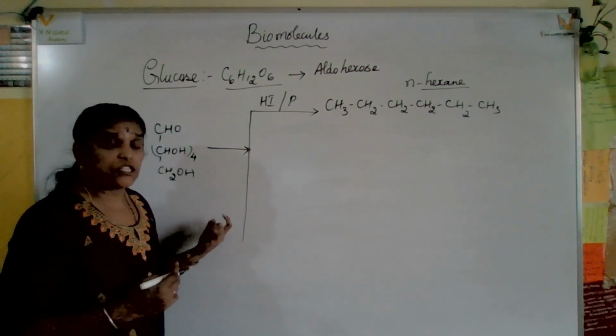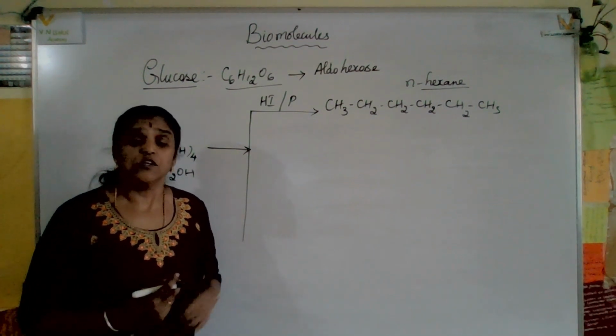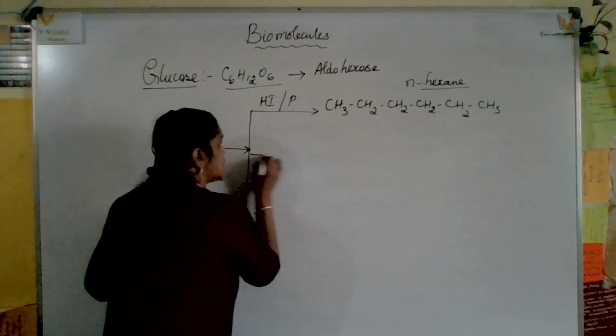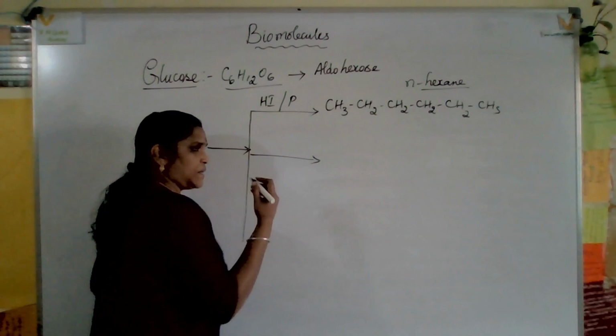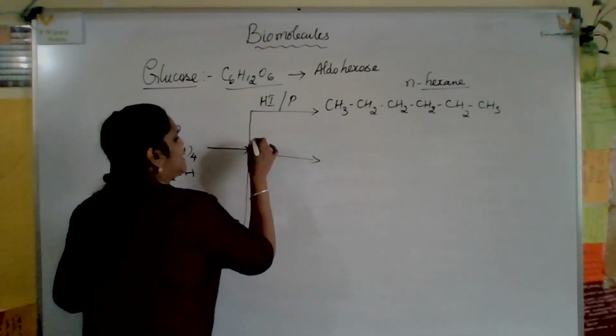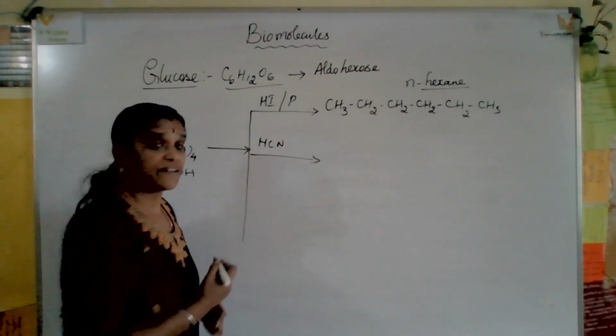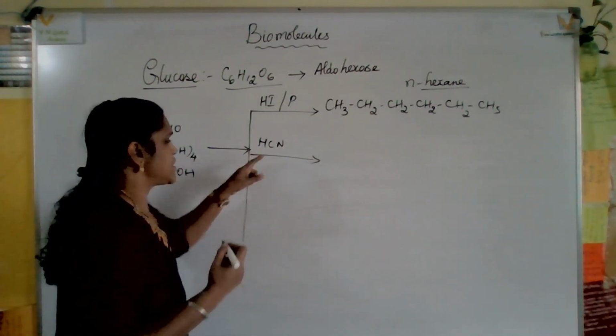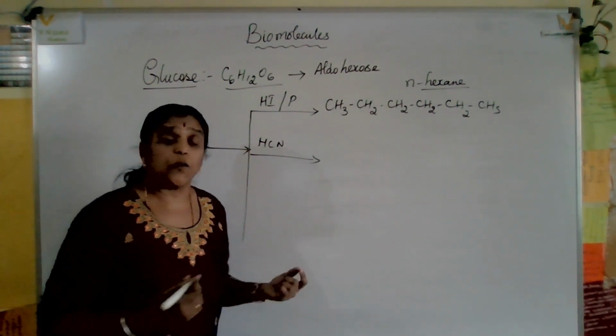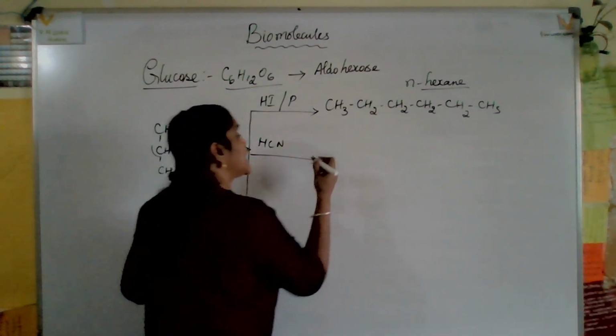Next, the aldehyde group is there, no? So let us see one more reaction here: HCN, hydrogen cyanide. Glucose reacts with hydrogen cyanide, and you get glucose cyanohydrin.